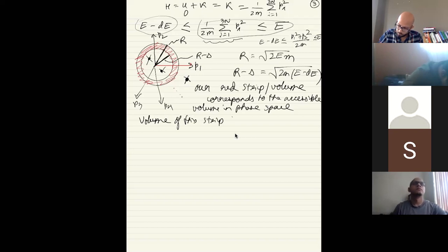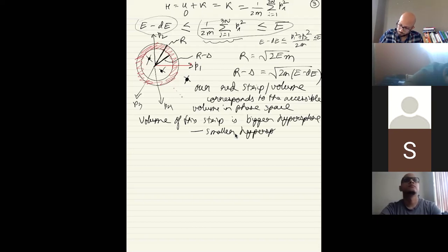It is the bigger hypersphere minus the smaller hypersphere, right? The difference between the volumes of these two. What is the volume of the bigger hypersphere? Well, that's going to be some constant multiplied by r to the power 3n.